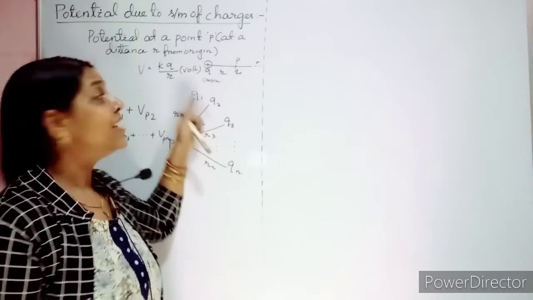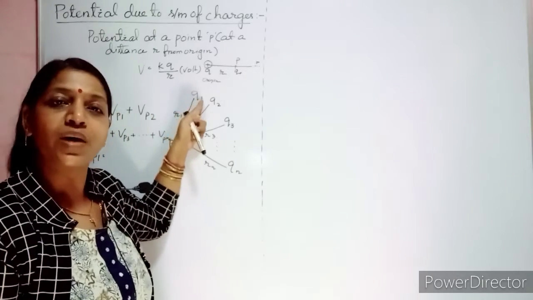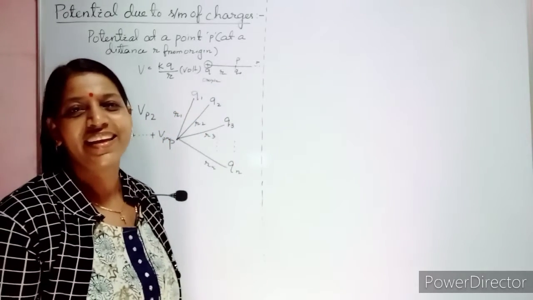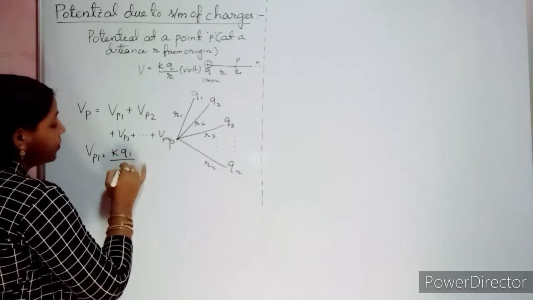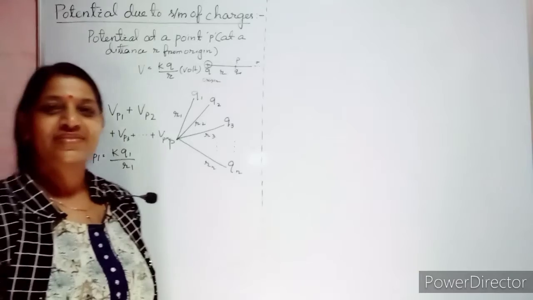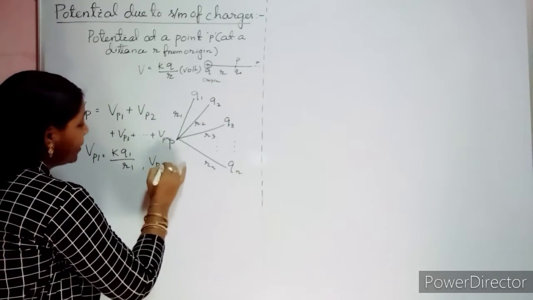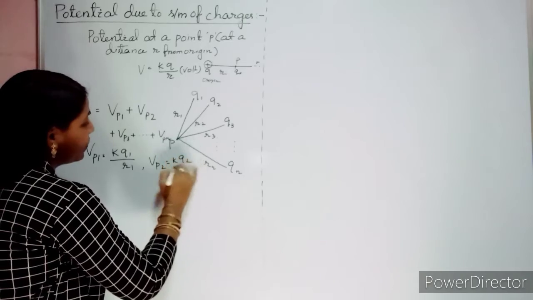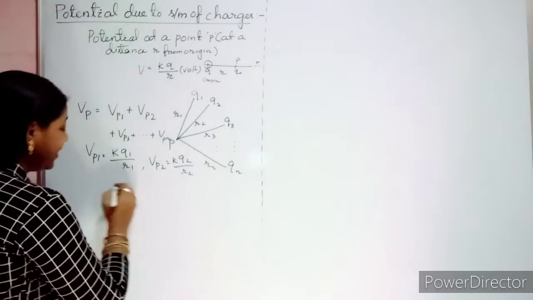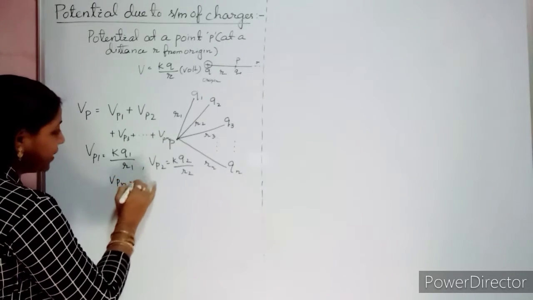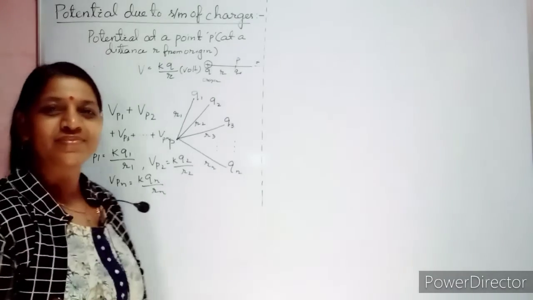So I will write the same formula KQ by R, here specific to Q1, so KQ1 by R1. Similarly you can write Vp2 equal to KQ2 by R2. Clear? Similarly, finally you can write Vpn equal to KQn by Rn.